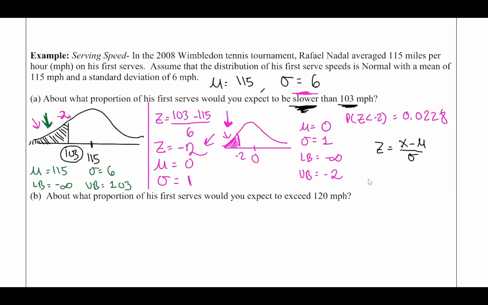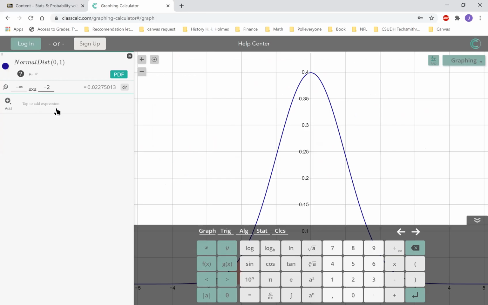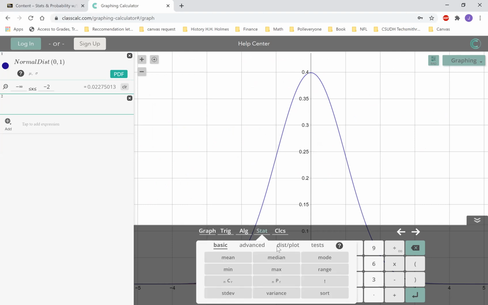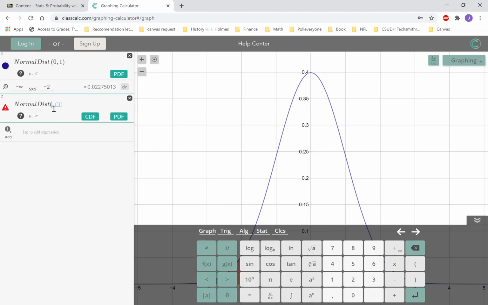So I could just find the probability using this information. Instead of converting to a z-value, we could leave it as a normal distribution and still find it. I'll do a new one so you can see it still gives the same answer. You go to distribution, normal distribution, change the mean to 115 and the standard deviation to 6.